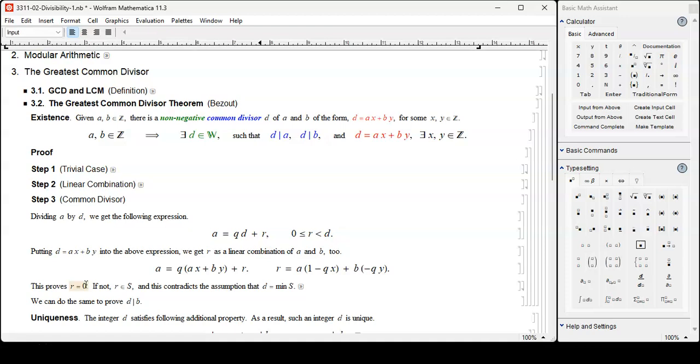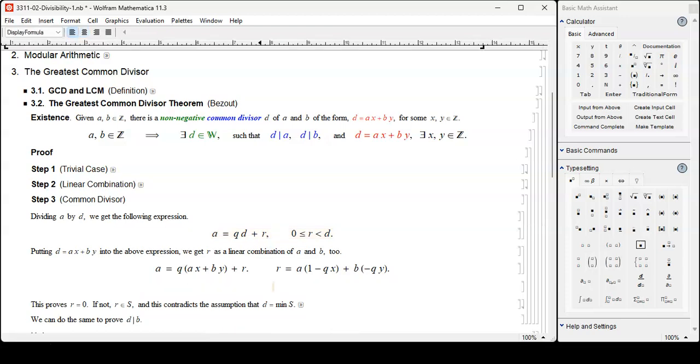Is that clear to you? R is equal to 0? Well, R is greater than or equal to 0 and less than D. What if R is not 0? If R is not 0, that means R is greater than 0 and less than D, because R is bounded right here, greater than or equal to 0 and less than D. Among those, only equality here is taken off.